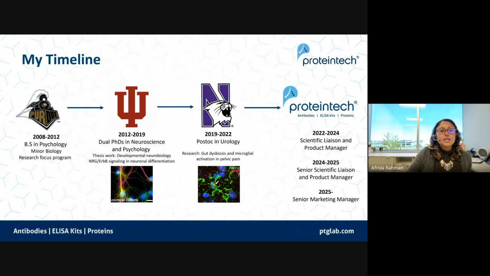So I ended up getting dual PhDs in neuroscience and psychology. I was specifically working on a project that was studying developmental neurobiology. So I was looking at the neuregulin growth factors and their interaction with their receptors, the ERB receptors, and how they affected neuronal differentiation.